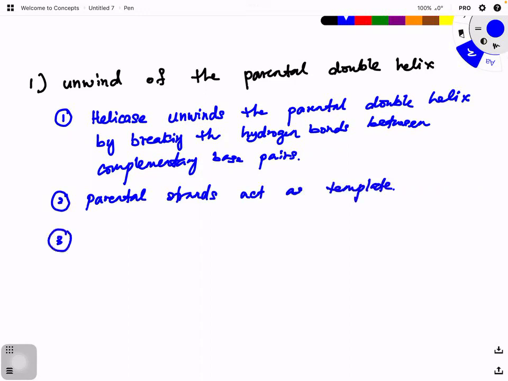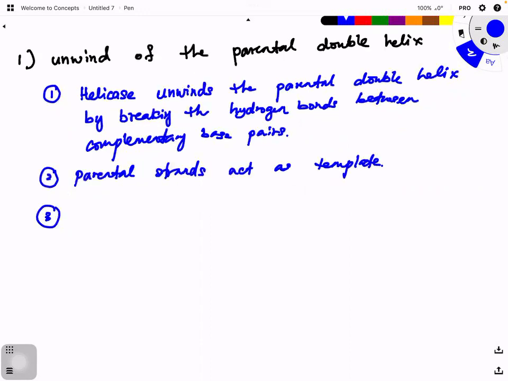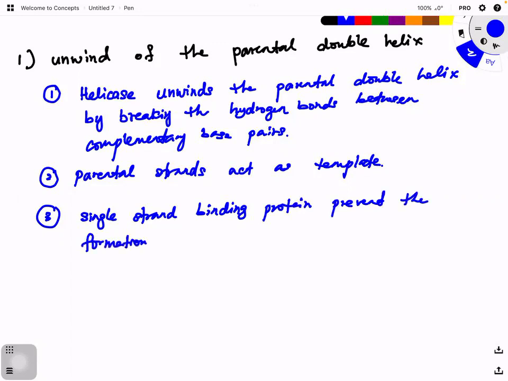Now, to prevent the parental strands from joining back and forming the hydrogen bonds again, we need single strand binding protein, which prevents the formation of the double helix. So this is the first part, unwinding of the parental double helix.